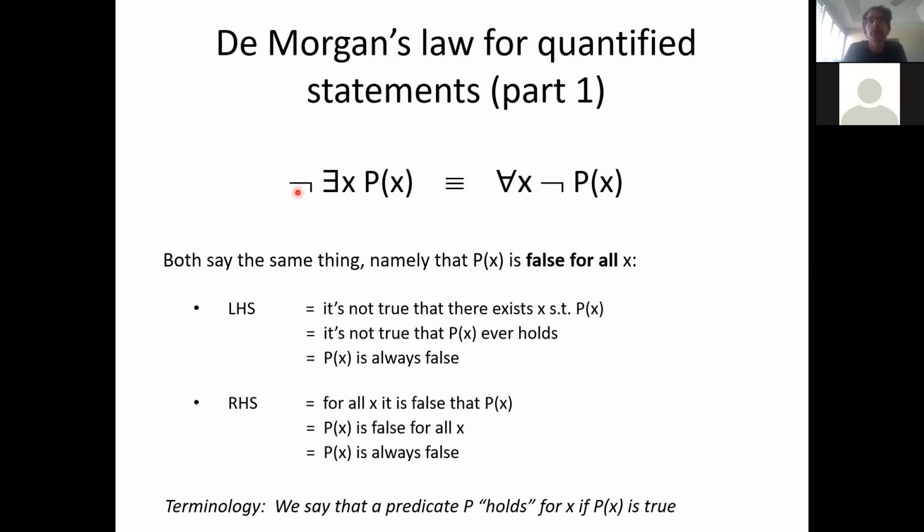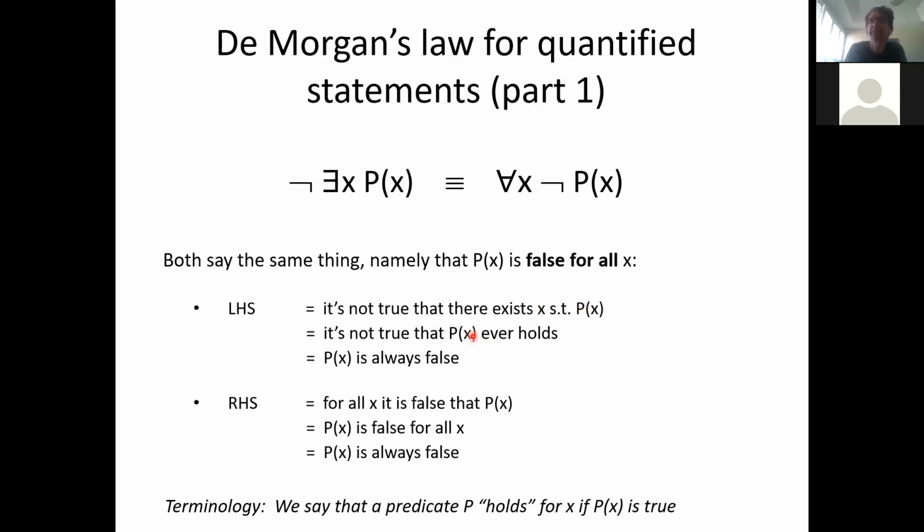So here is the De Morgan law for quantified statements. To say that it is not true that there exists an x for which P(x) holds is the same as to say that for all x's in the domain, P(x) is false. These are equivalent statements because the left-hand side says it's not true that there exists an x for which P(x) holds.